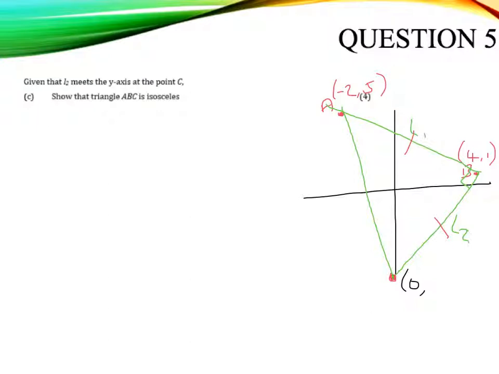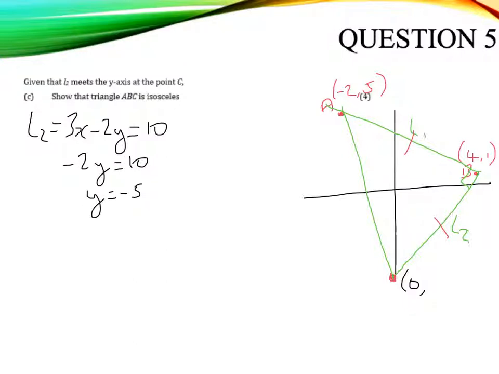So let's see. The equation of this line L2 was 3x minus 2y equals 10. Now if x is 0, then minus 2y equals 10, which means that y is minus 5. So this point down here is minus 5.